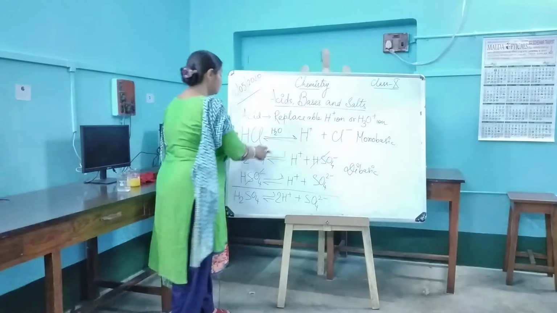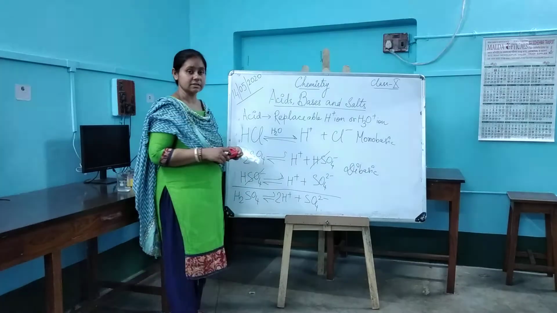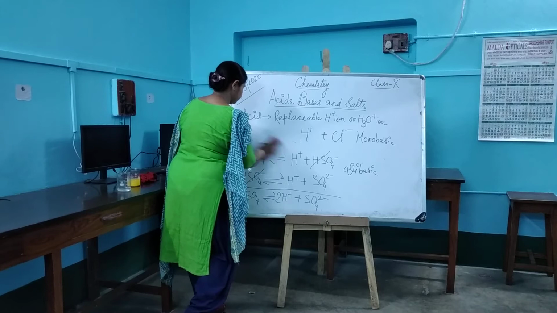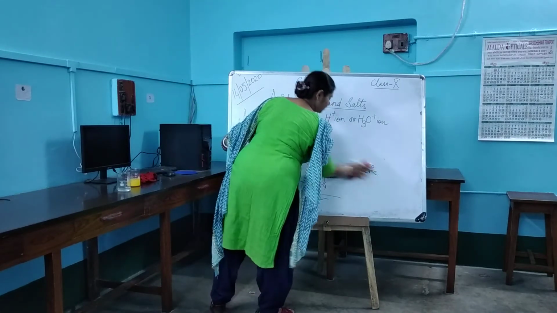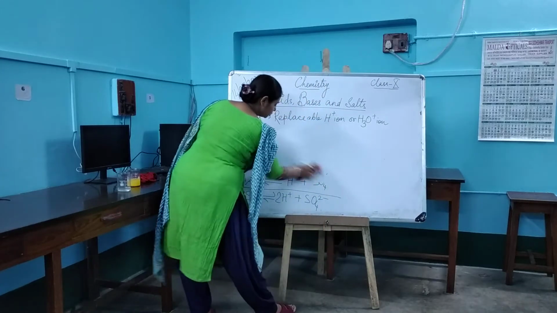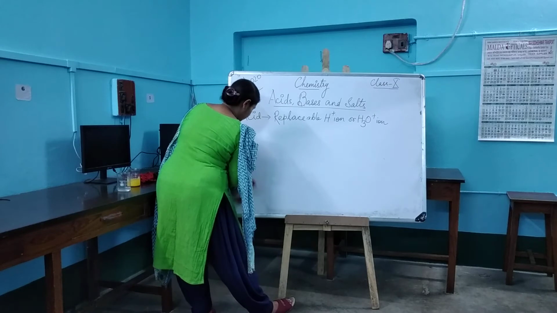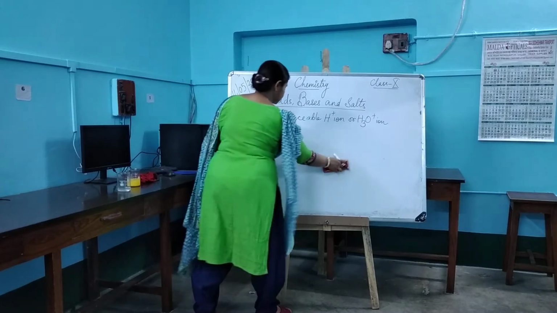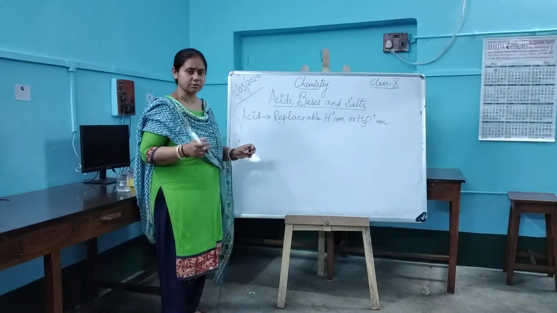Now, from this dissociation of the acid, we will explain one more parameter for the acid, that is strong acid and weak acid. Children, you have an idea about strong and weak. That very concept we will utilize over here but in a different manner.